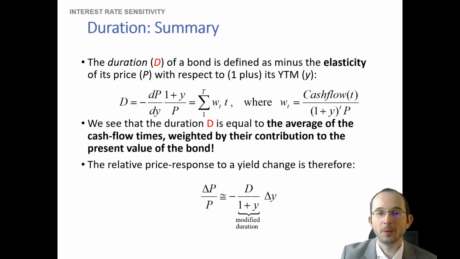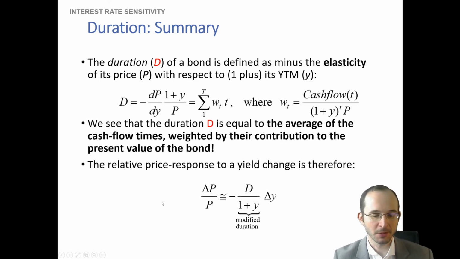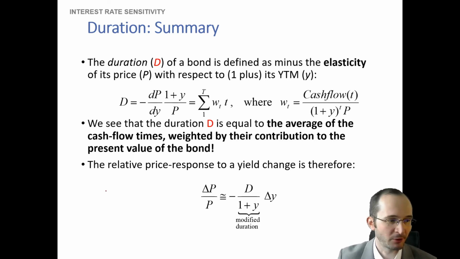Now, what if we actually want the price change? We have an elasticity, but now let's actually think about what we might want even more, which is a change in the price of the bond relative to the bond's initial price.